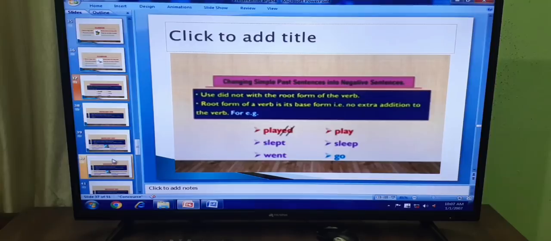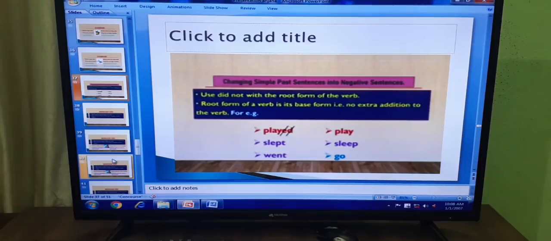Now, changing simple past sentences into negative sentences. We use did not with the root form of the verb. The root form of a verb is its base form, that is, no extra addition to the verb.